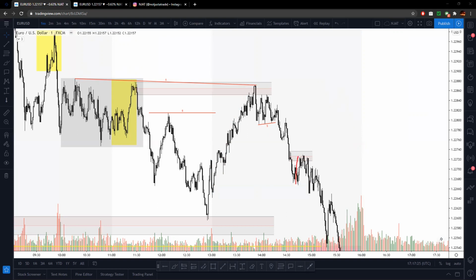So we've got the move up, mitigate open, reaction, mitigate 50%, have that momentum shift on the smaller time frame, and again, that's another buy to sell that you can get involved in here. So even if you missed that one at the 50%, or even the open, then you've got another opportunity to get in at 50% here. And then again, buy to sell, following the money down, mitigation, continuation of lower prices.